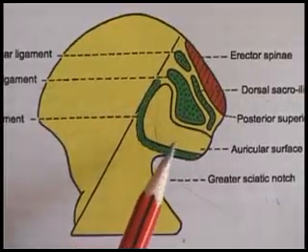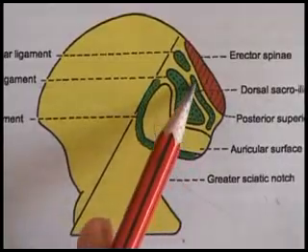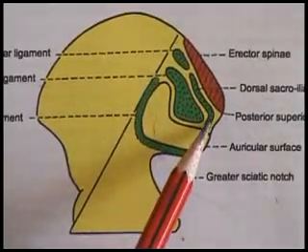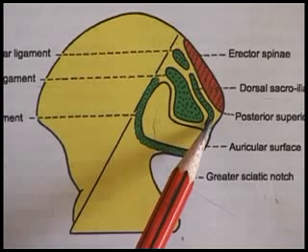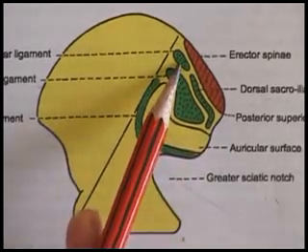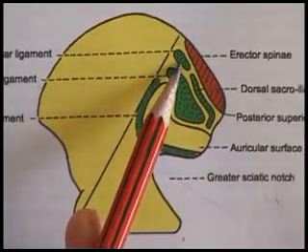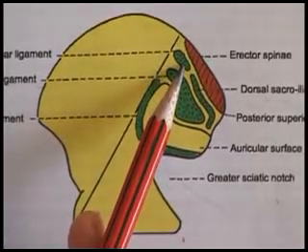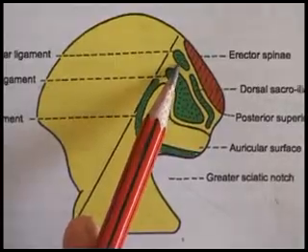Dorsal sacroiliac ligament is attached above the interosseous one on the hip bone. Iliolumbar ligament extends from the transverse process of the fifth lumbar vertebra to the posterior part of the inner lip of the iliac crest.